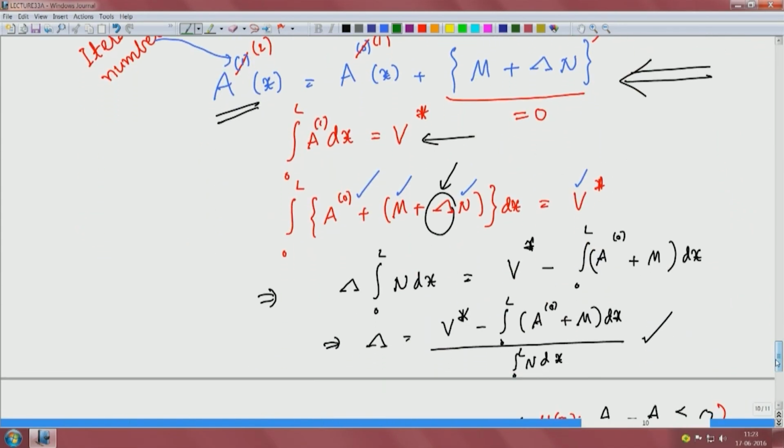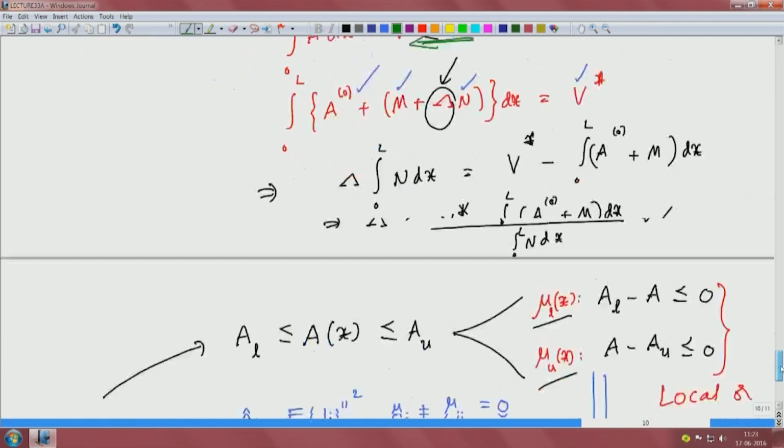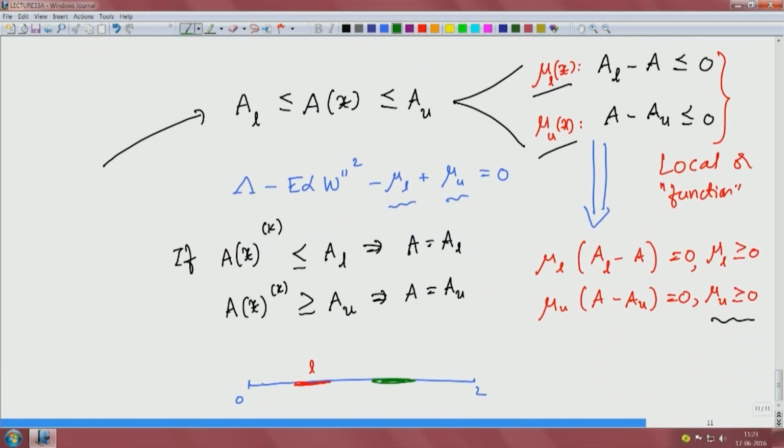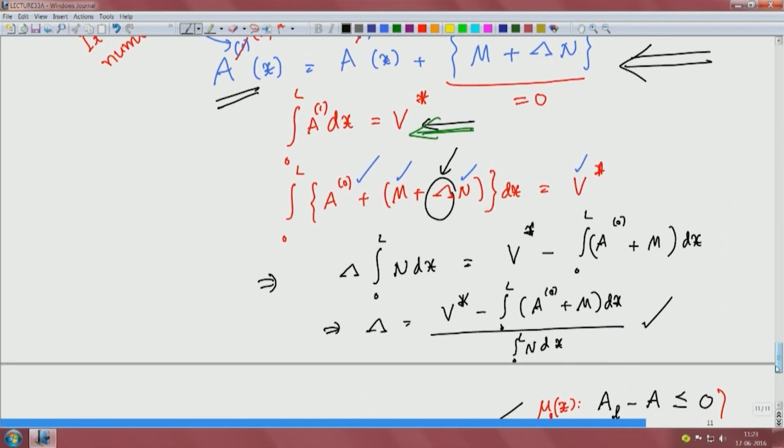So, when you are trying to find the lambda using this equation, you do not have to worry, because that 0 to L is now split into 3 different regions: the first one no constraint, second one lower bound constraint, third region upper bound constraint. You accordingly split your integral of A dx over 0 to L into 3 regions: lower bound region, upper bound region, and unconstrained region, okay, and you do similarly this calculation, you will always be able to get lambda and you proceed.